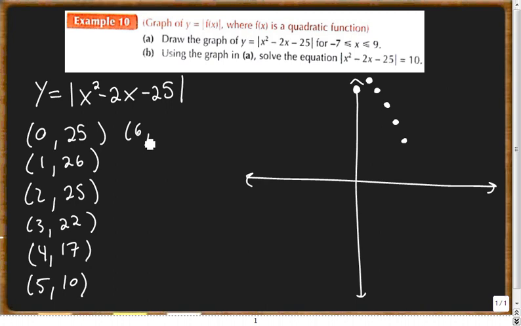Try 6. 36 minus 12 would make 24, minus 25 would give us a 1. And we try 7, we would have 49 minus 14, which would be 35, minus 25, so this would give us 10.